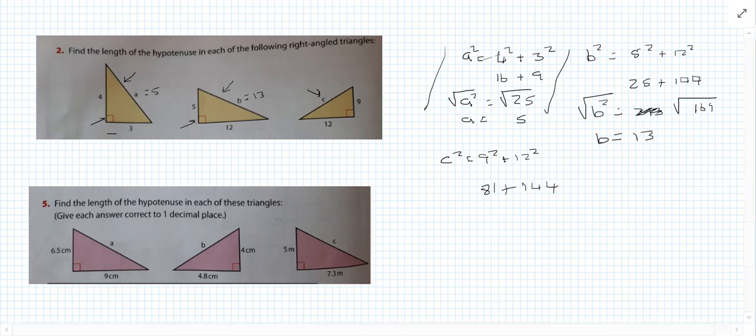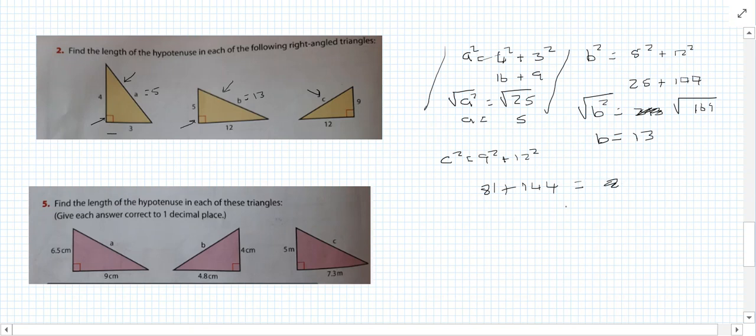And if we add these two together, 144 plus 81 is equal to 225.